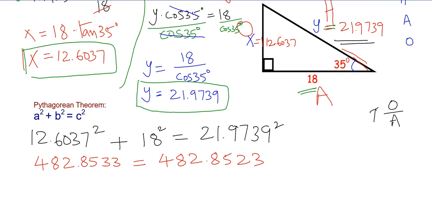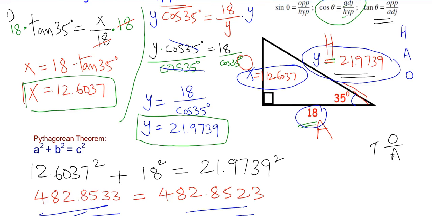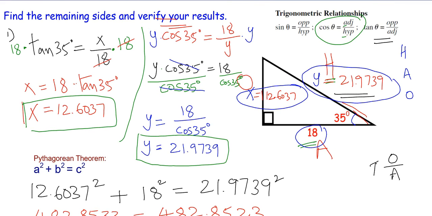So we observe that this value, a squared plus b squared, is almost equal to your c squared. 482.8533 is almost the same as 482.8523. Hence, by making use of your trigonometric ratios, given one side and one angle, we could find the remaining two sides, and we even verified that these values are correct.